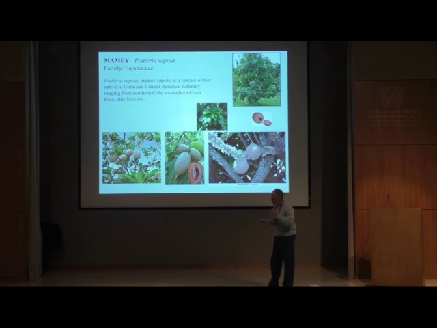In my opinion, if you have to think of a fruit that was the original fruit available to the indigenous people of the area, it would be this one. Early on, and I'm talking thousands of years before Christ, or the Common Era.